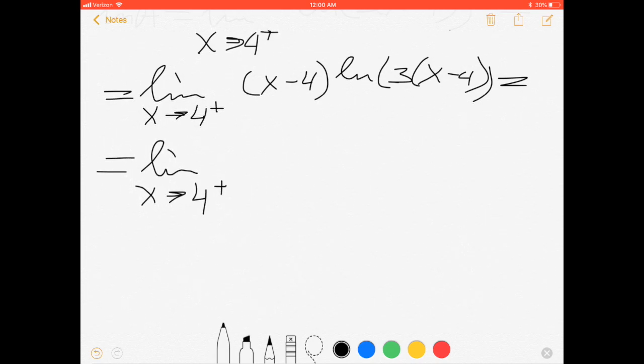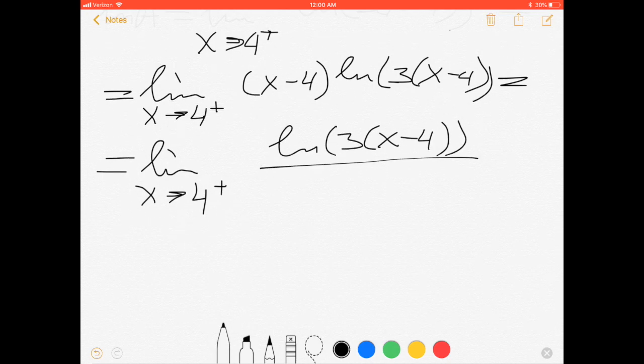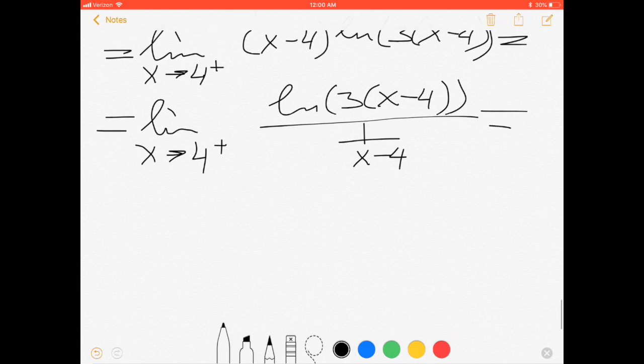As x approaches 4 plus, we have natural log 3 times x minus 4 over 1 over x minus 4, and this is, try plugging in. If you plug in 4, you have natural log of 0, infinity, divided by 1 over 0 is infinity. This means infinity over infinity. L'Hopital rule is working.